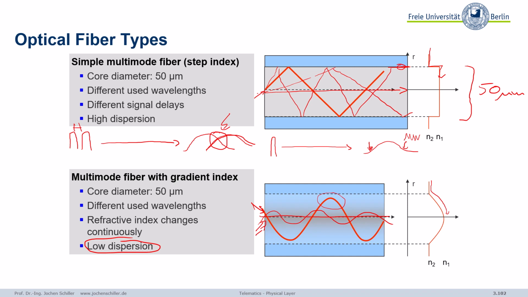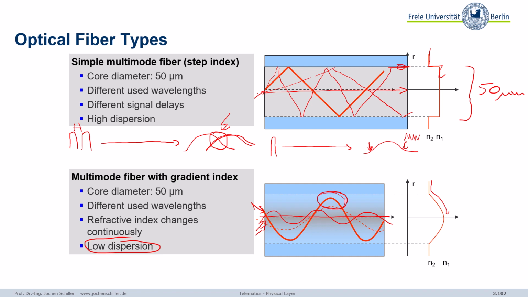But due to this gradient index, we can make it faster when we come to the edges, so that in the end the dispersion is lower. So we do not really smear those pulses over a larger width. That's the idea of this. And these gradient index multimode fibers are the typical fibers you see in many, many places. Okay, different optical fibers, different characteristics.